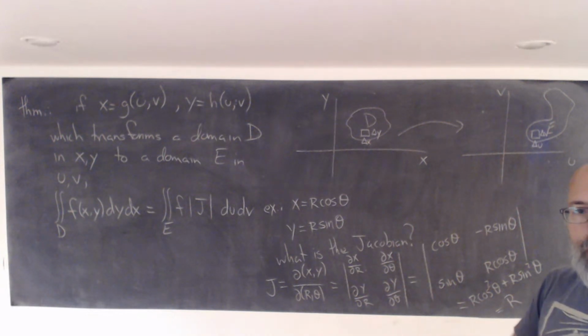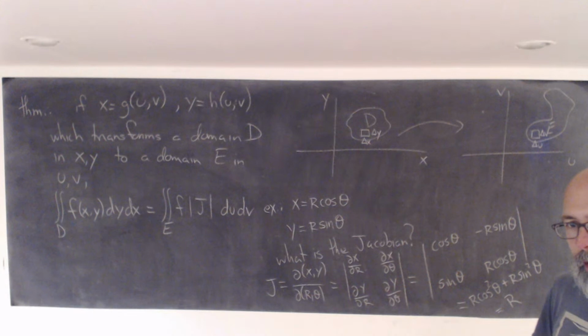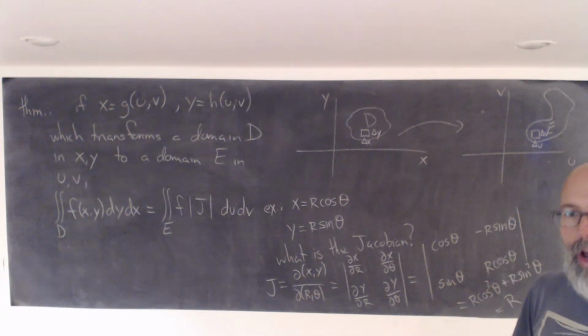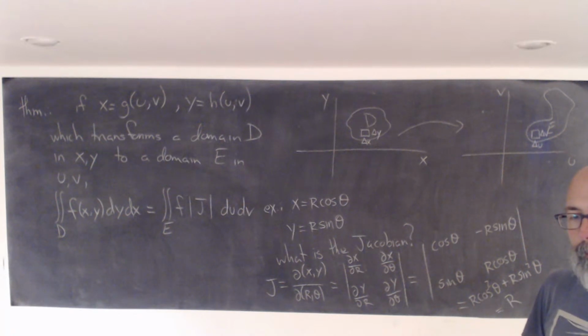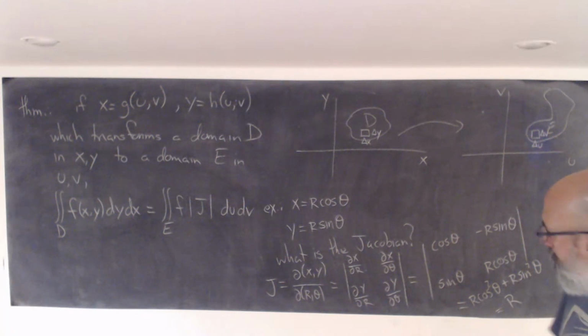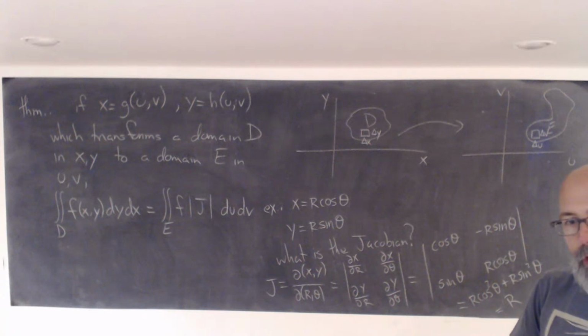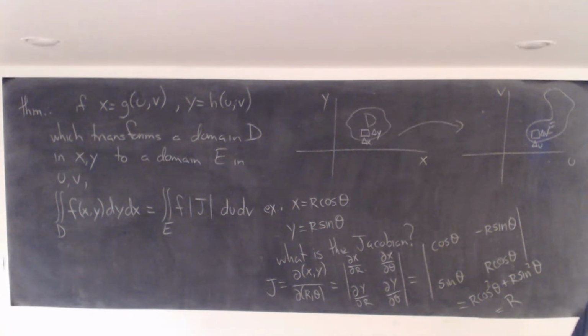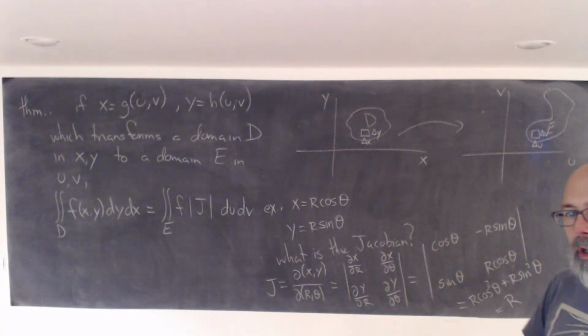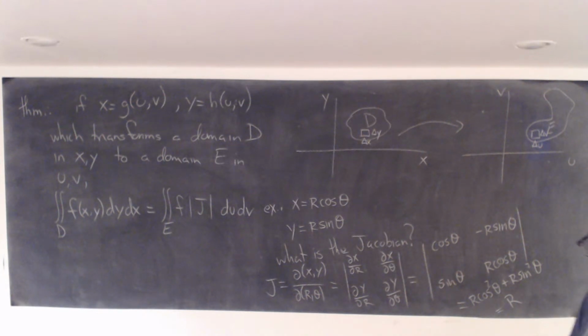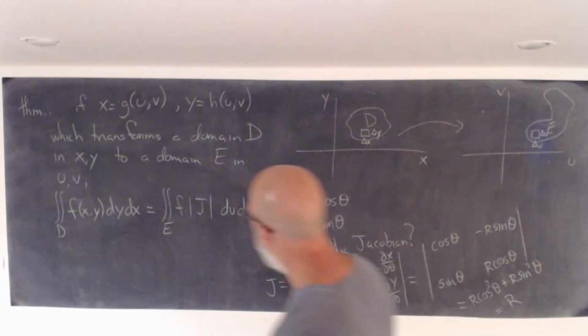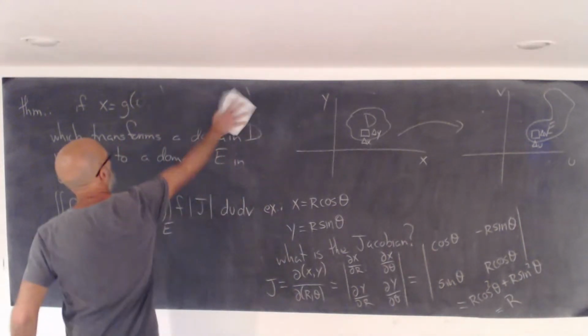So if you make a change to polar coordinates, you have to throw in the absolute value of r. It is customary that we usually make sure r is positive so that you don't need to worry about the absolute value.